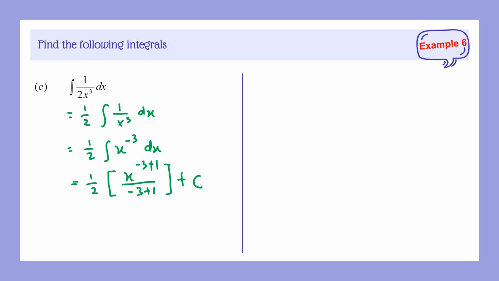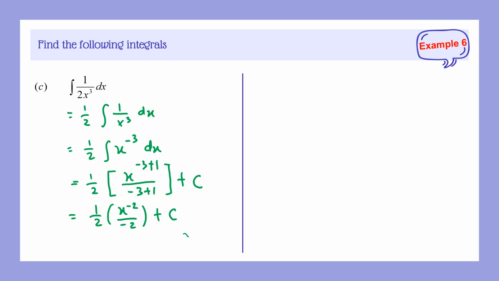So then we simplify, negative 3 plus 1, we get negative 2. So then we get 1 over 2 x to the power of negative 2 over negative 2 plus c. Then we simplify. 1 over 2 times 1 over negative 2, we get negative 1 over 4.